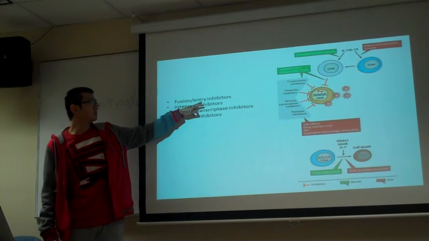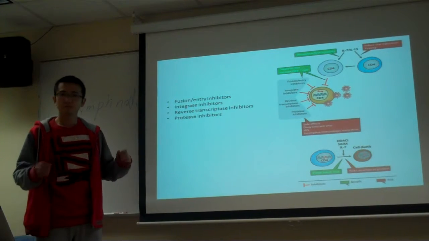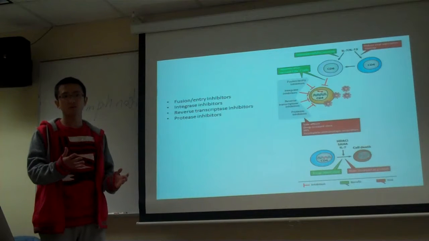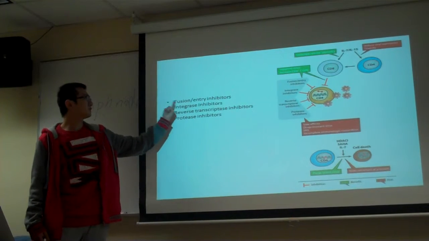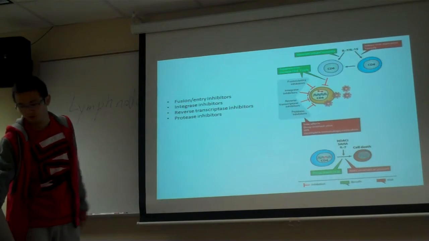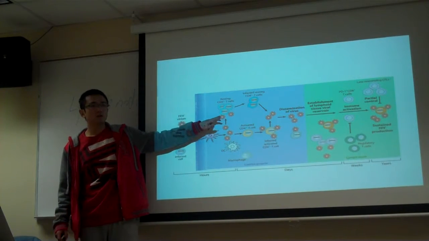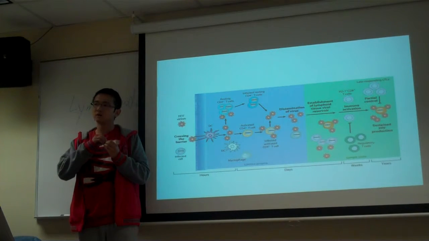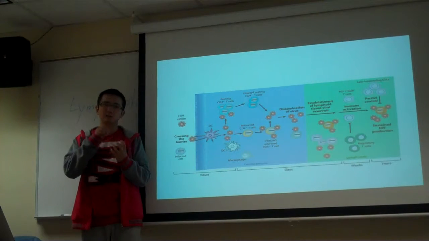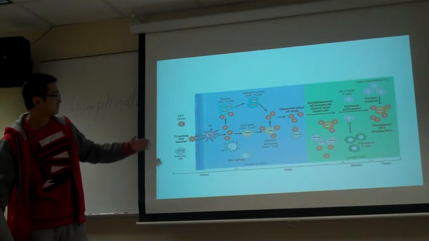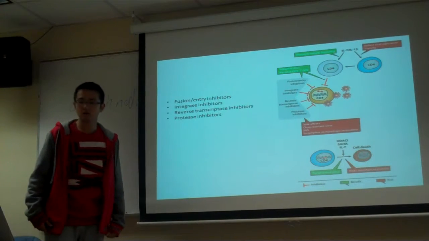First is fusion inhibitors. An inhibitor means something that will stop the process. Fusion happens here: the HIV virus will fuse with the membrane of the cell, then inject its gene into the cell. So one possible way is to stop this process with fusion inhibitors.